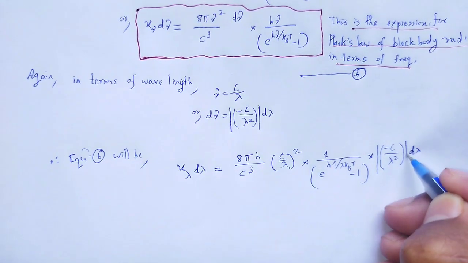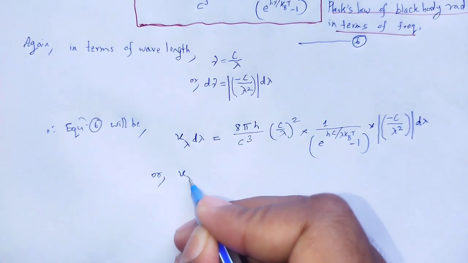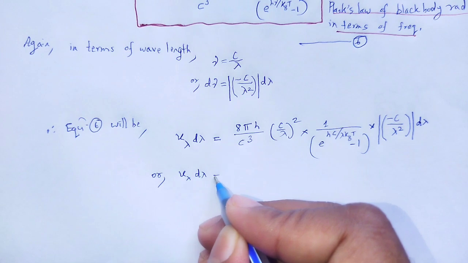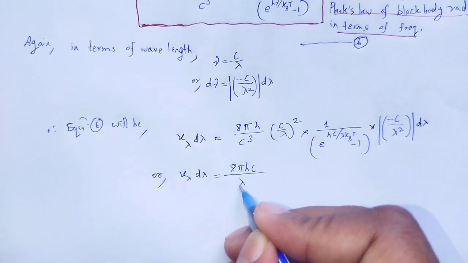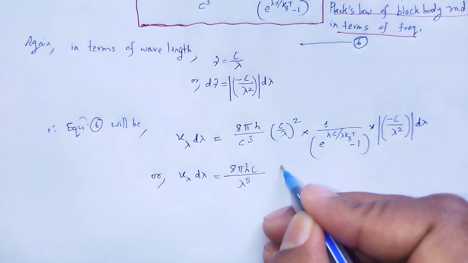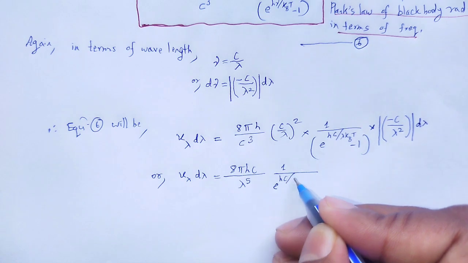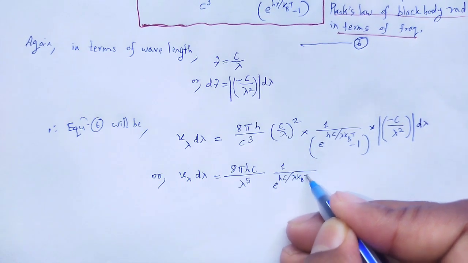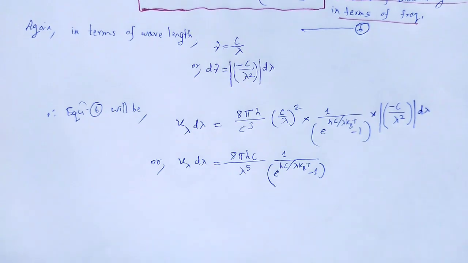Here we only take the magnitude term. Therefore, u lambda d lambda is equal to 8 pi h c divided by lambda to the power 5, 1 divided by e to the power h c divided by lambda kBT minus 1, into d lambda.